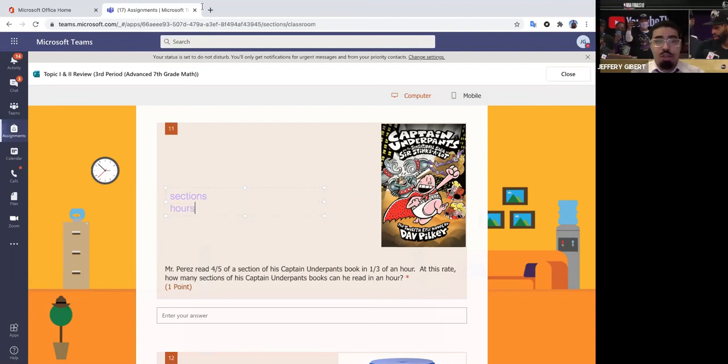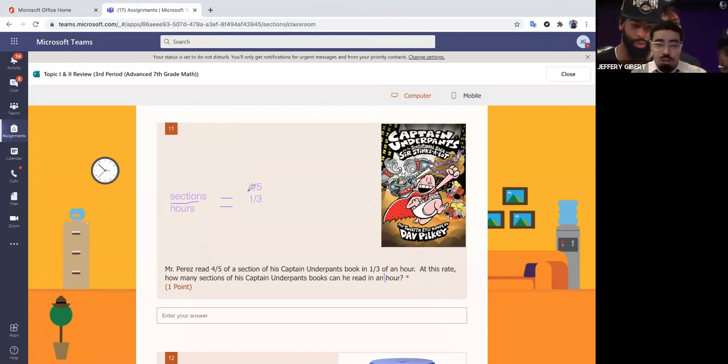How did I know that? I knew that because they said we want to know how much you can read in an hour. That means that's 1 hour. So that means we're finding the unit rate for hours. So that means we got 4/5 over 1/3. And to get the unit rate, all you do is the top divided by the bottom.